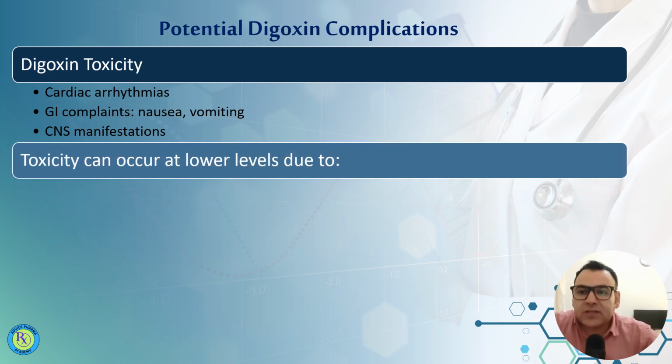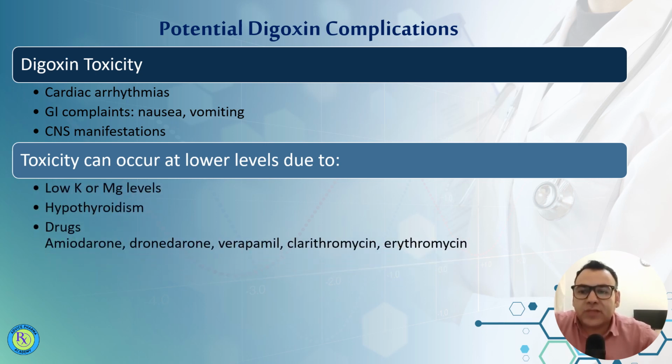Also be aware that digoxin toxicity can occur even at lower or normal blood levels due to some interactions with low potassium or magnesium, because they compete for the same receptors on the sodium potassium ATPase pump. So when there is less potassium to compete with digoxin, more digoxin will bind to the receptor, causing a toxic effect. Also, hypothyroidism can increase the toxicity.